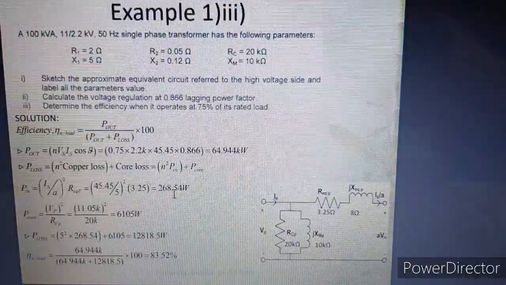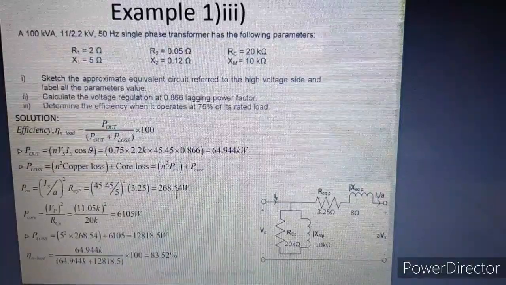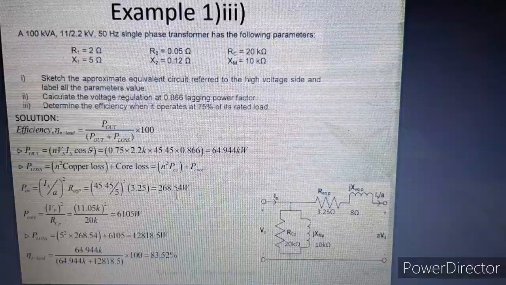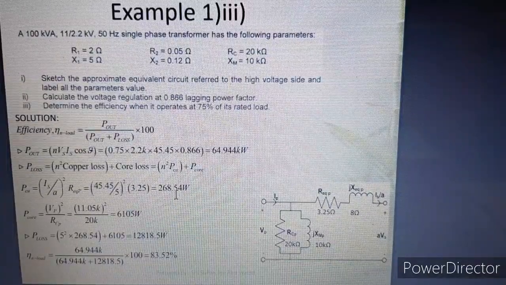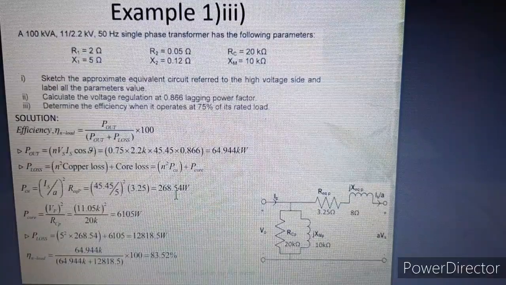Alright, so how do we use those formulas? We continue our example 1, number 3 Roman. Now that we have calculated the voltage regulation, the question asks you to determine the efficiency when it operates at 75% of its rated load.